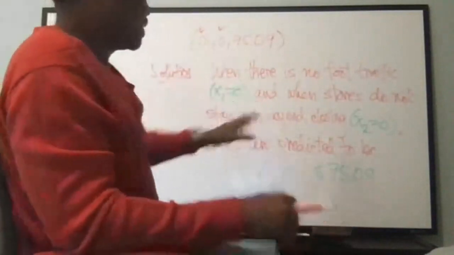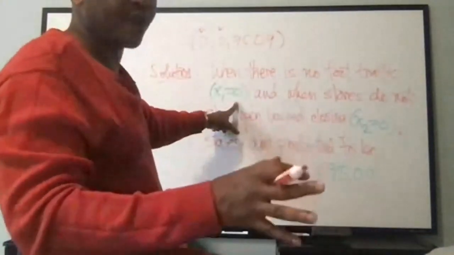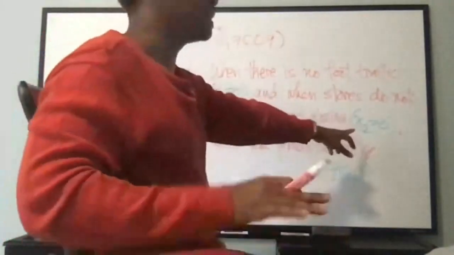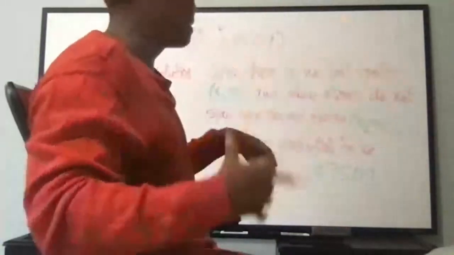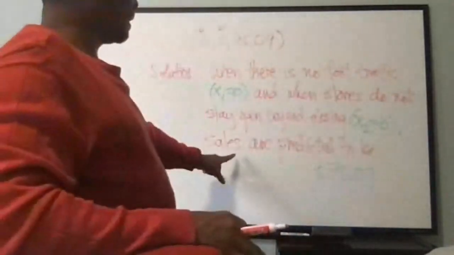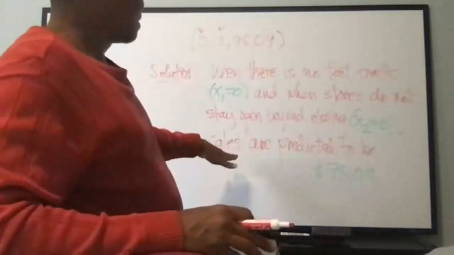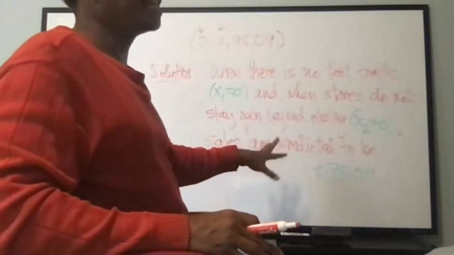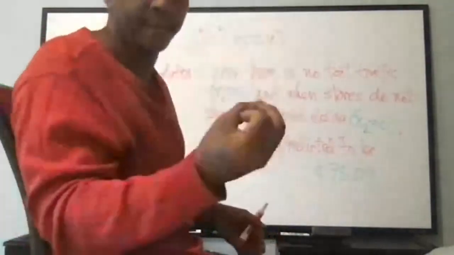But here, what we're doing is interpreting what 0 means in the first column, no foot traffic, and what 0 means in the second column, no amount of time the stores stay open. So you're going to have to be able to read that narrative and figure out what it means for that to be 0. And notice here at the very end, when we did slope, we always said something like sales are expected to increase by or decrease by. But here we're saying that sales are expected to be that number.